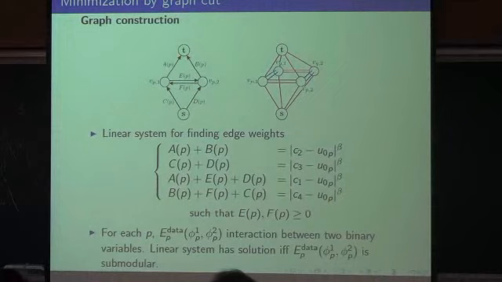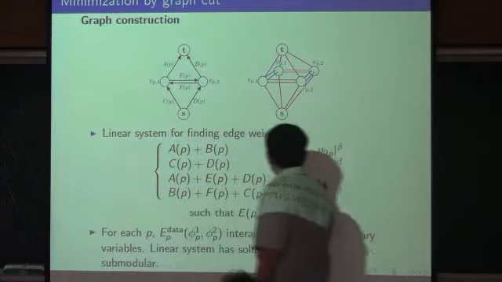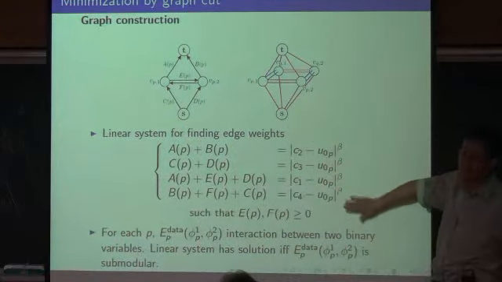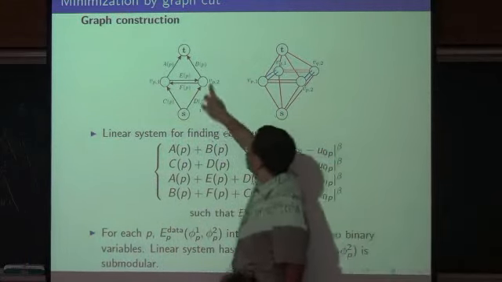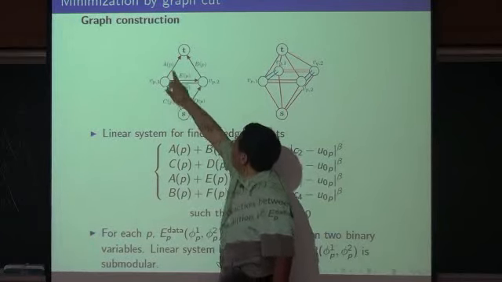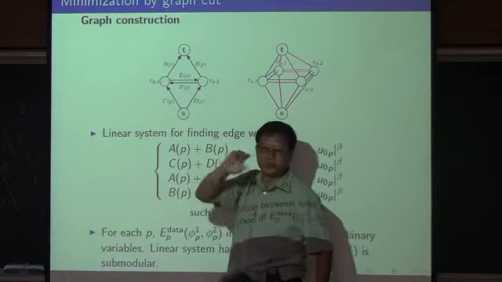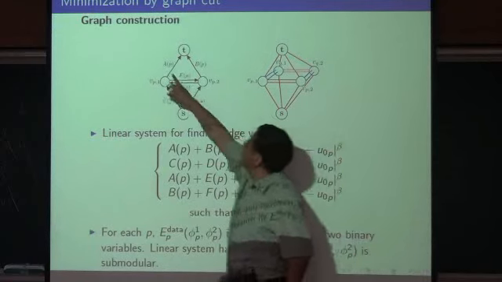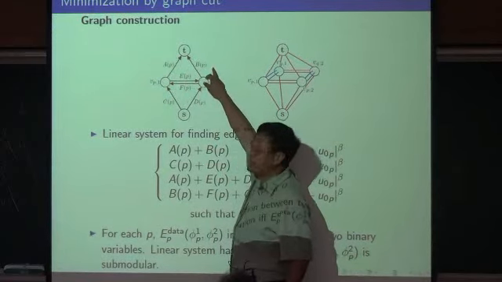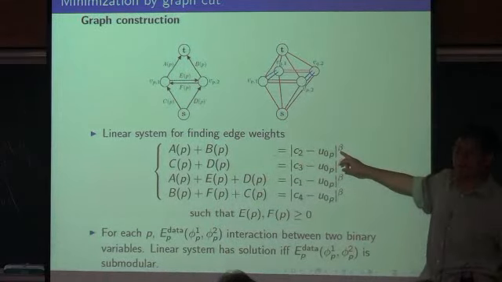So here is the thing we try to minimize. For this graph, you must assign costs A, B, C, D, E, F. You must assign capacity to each of the edges. When you cut this one, we say class 1, so the cost of this cut should equal this one.